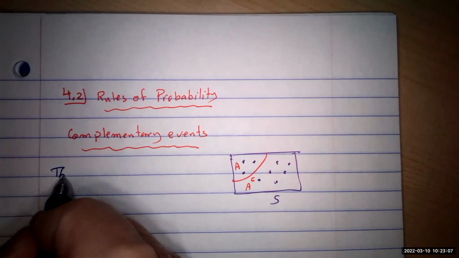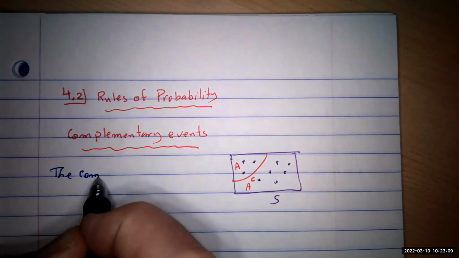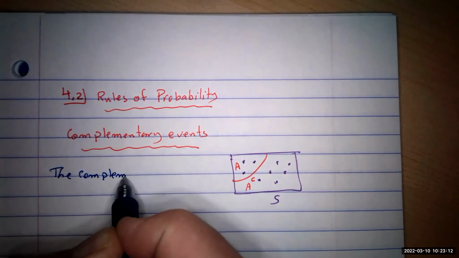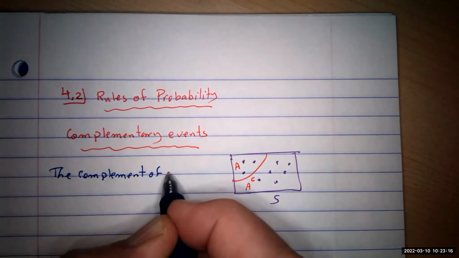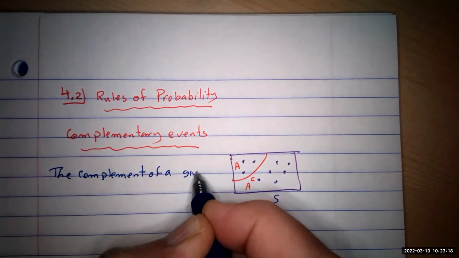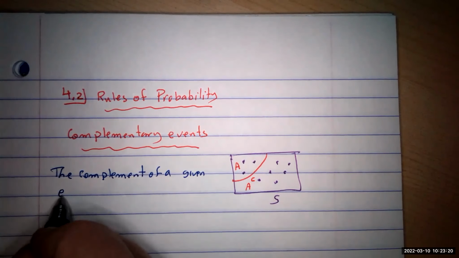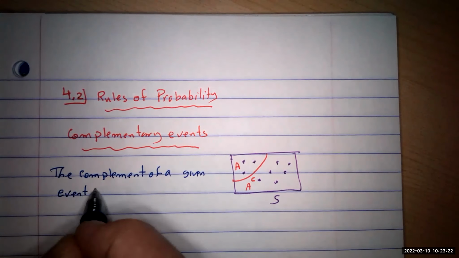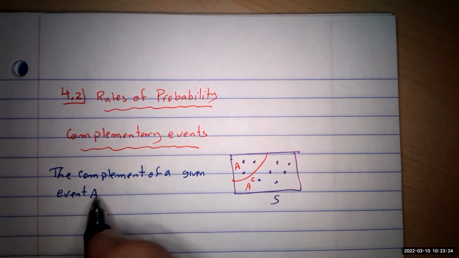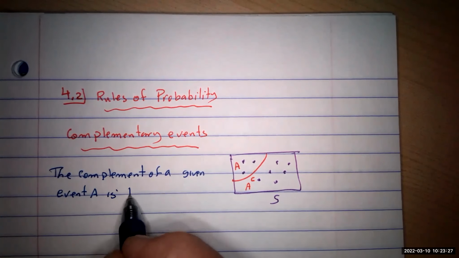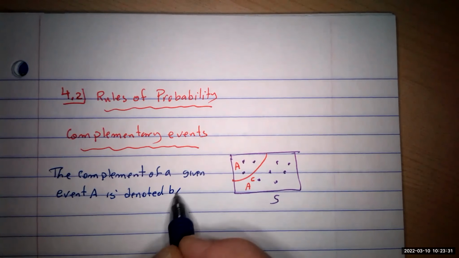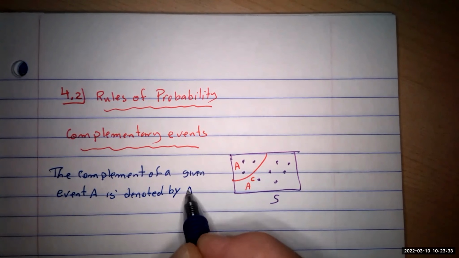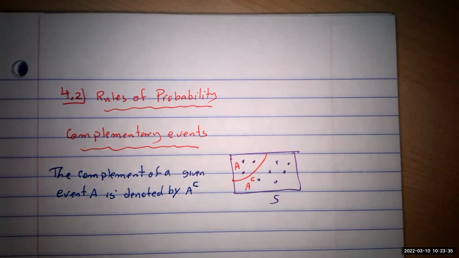So the complement of a given event A is denoted by A complement, AC. And what is this one?